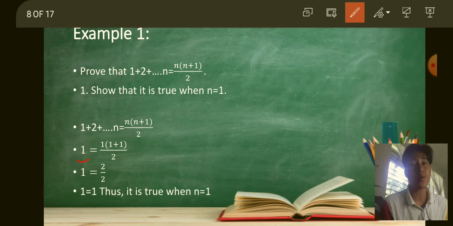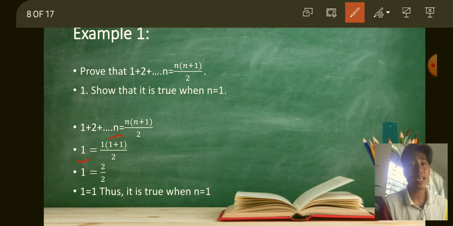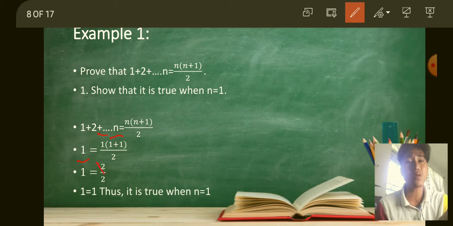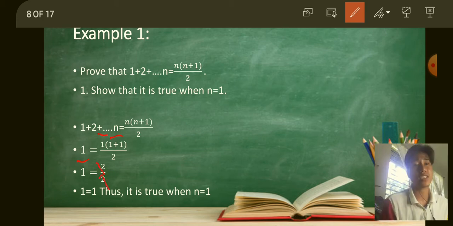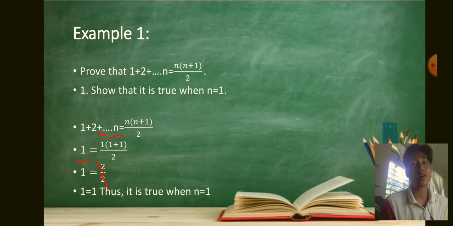So 1 is equal to 1 times 1 plus 1 over 2. 1 plus 1 is 2, times 1 is 2. So 1 is equal to 2 over 2, and 2 divided by 2 is 1. So 1 is equal to 1. Therefore, it is true when n is equal to 1.